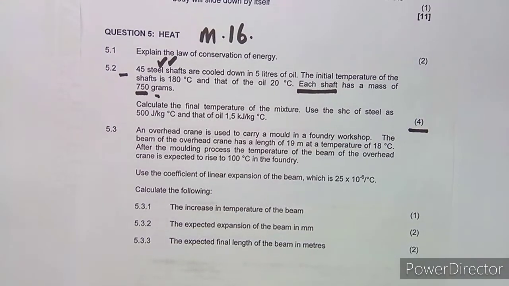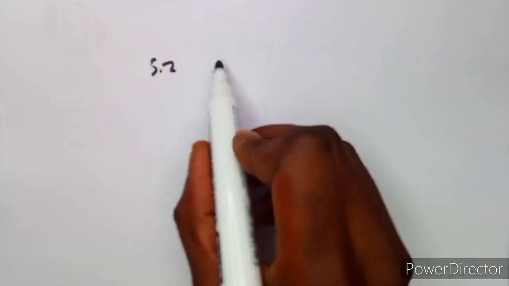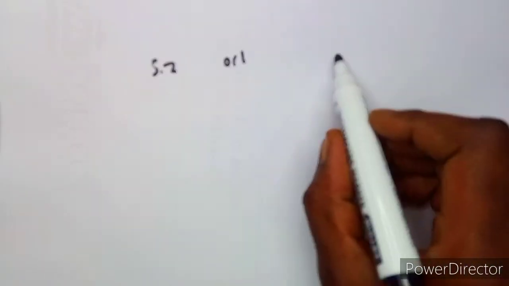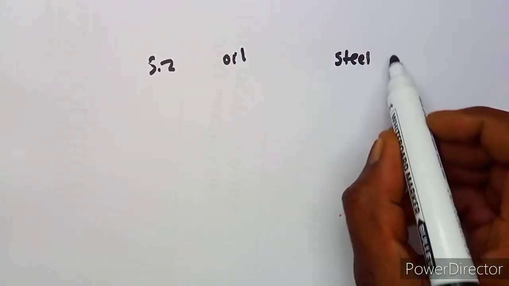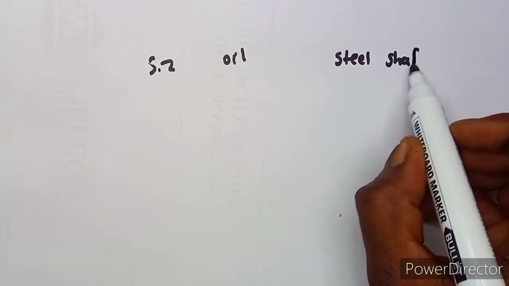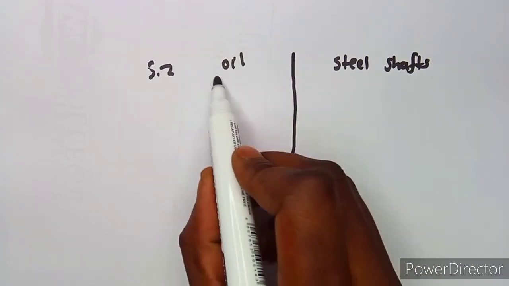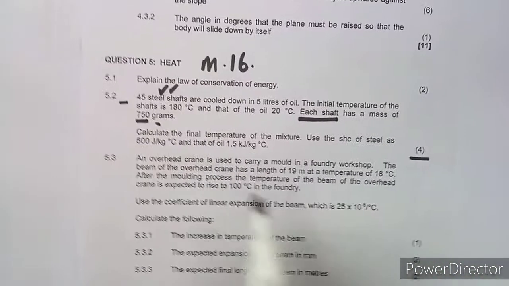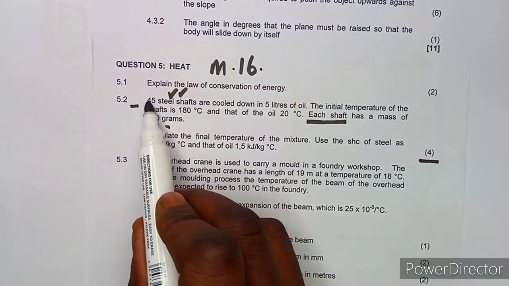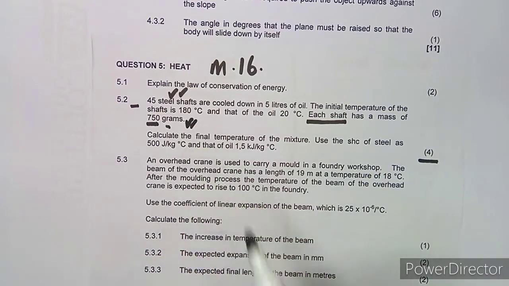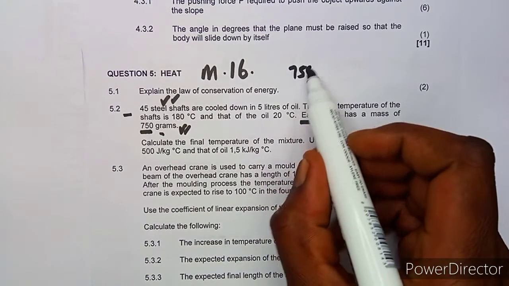So we've got two things to focus on here, the oil and the steel shafts. Let's talk about the number: we've got 45, and they've given the mass, which is 750 grams.